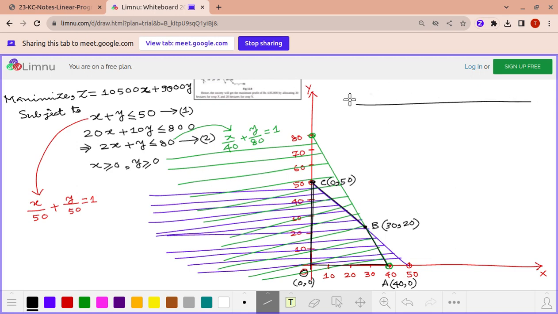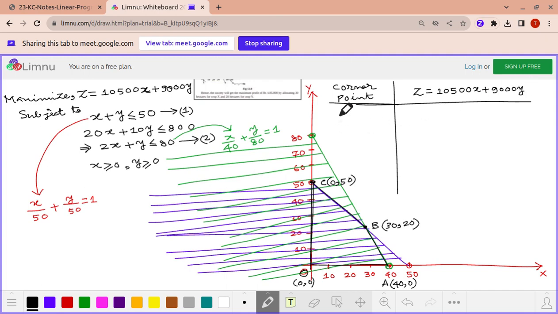So, corner point and the value of z. What is z here? Let me write down the value of z. 10,500 into x plus 9,000 into y.